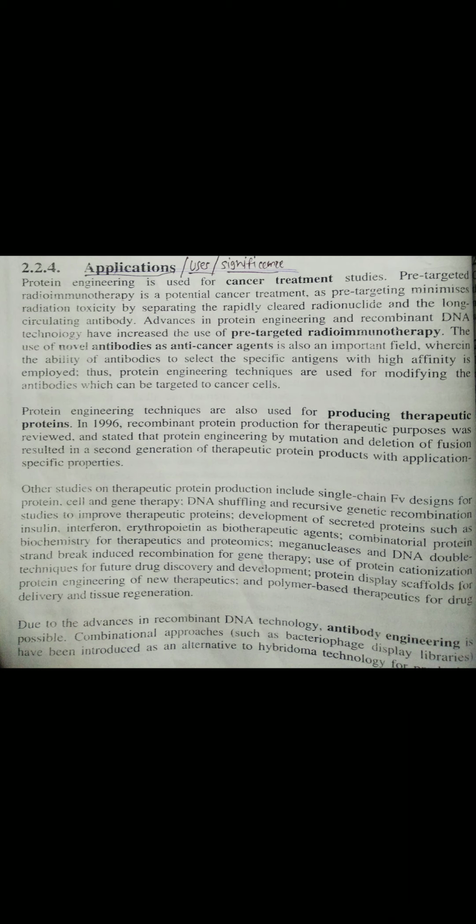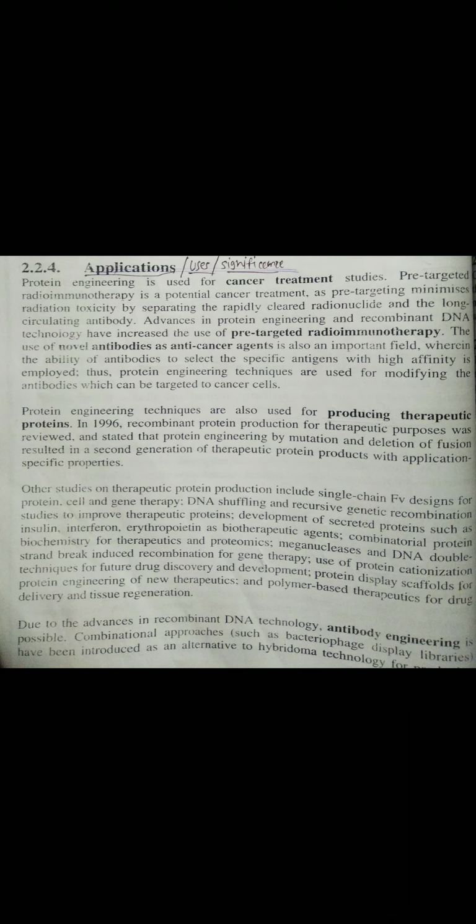In this pre-targeted radioimmunotherapy, a radioactive substance is introduced into the targeted organ, so diseased cells or tissues are affected by this radioactive agent and the normal cells are safe. So in this therapy, radiation toxicity is minimized by targeting the organ.